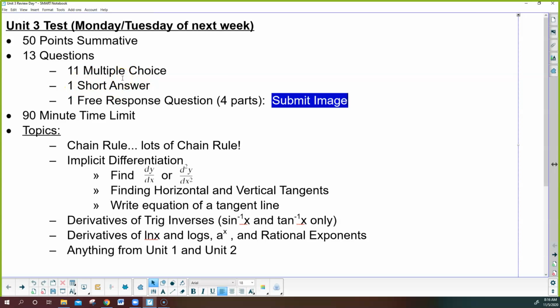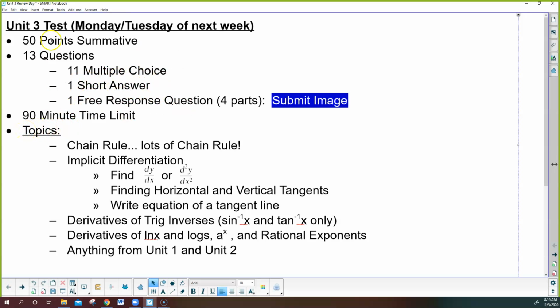So I go back and I look at your work, which means your work for all 13 questions should be work that we've done in class. You should show all of that work, and you shouldn't just have some incoherent numbers scribbled down. If that's the case, then you are not rewarded partial credit for the test.